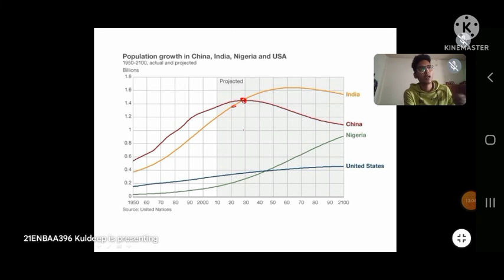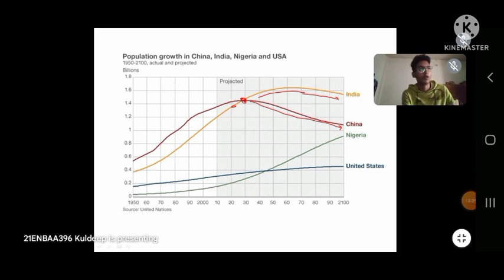Their growth rate decreased earlier than India's, so their population will start shrinking from 2030, and it will go down. And the population of India will continue to rise till 2060 or 2070, and then it will also start decreasing. This is the predicted data. We can't be sure about it.